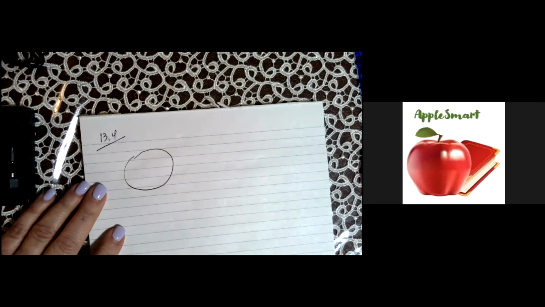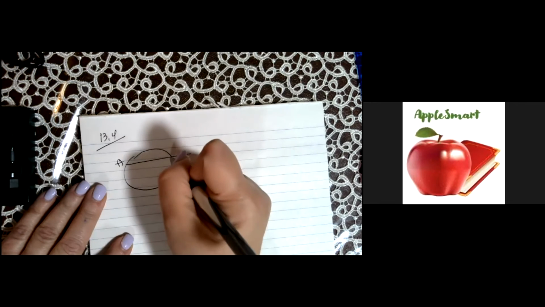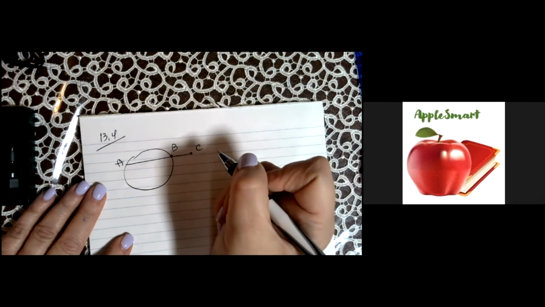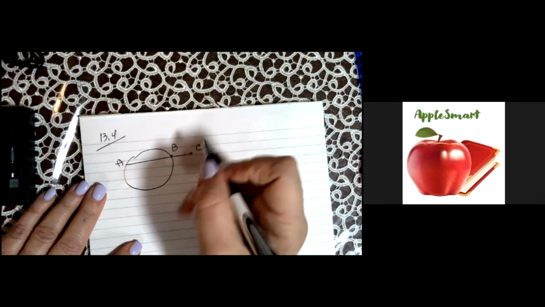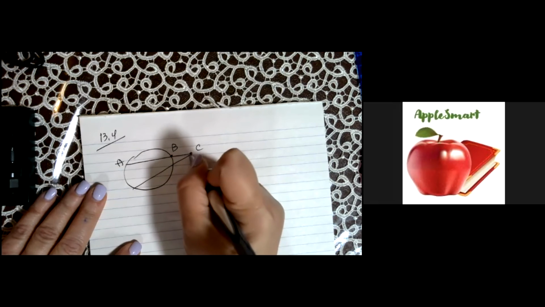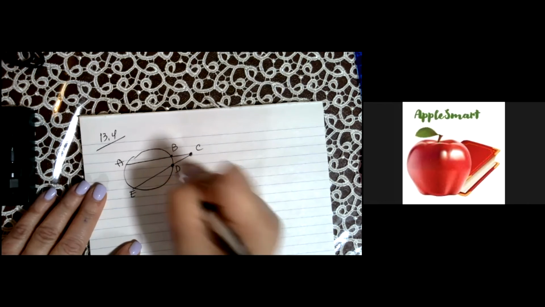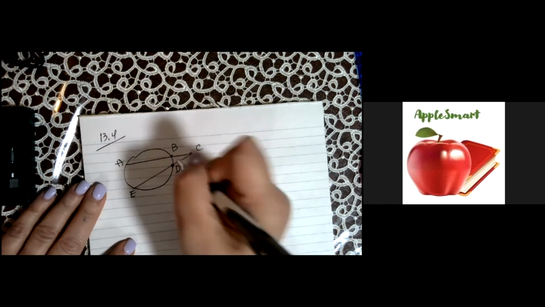We have two secants. This is A, this is B, this is C. So we have a secant AC and a secant EC.